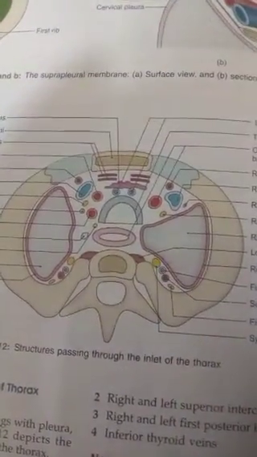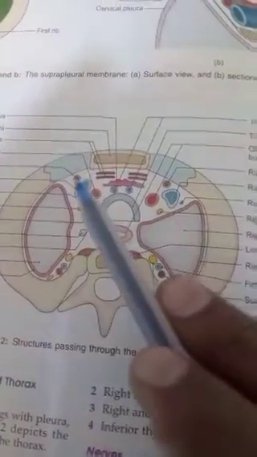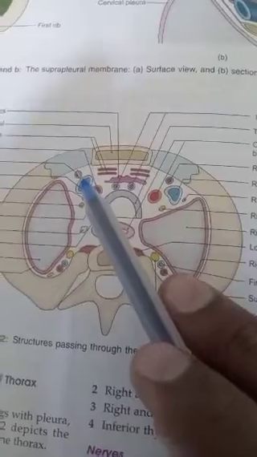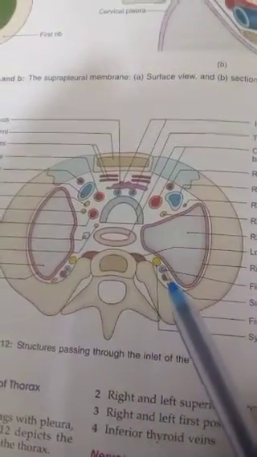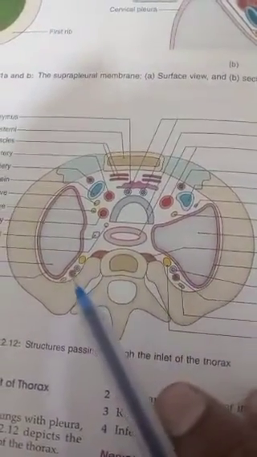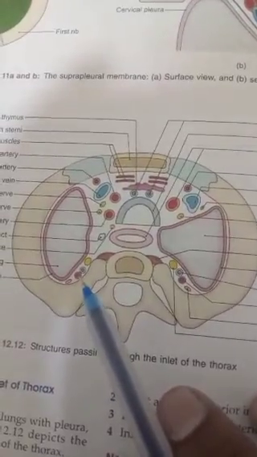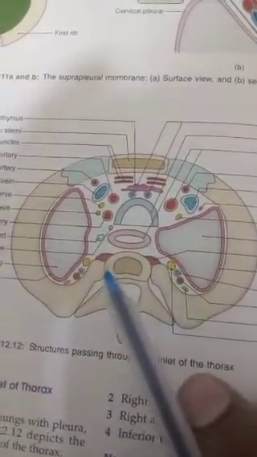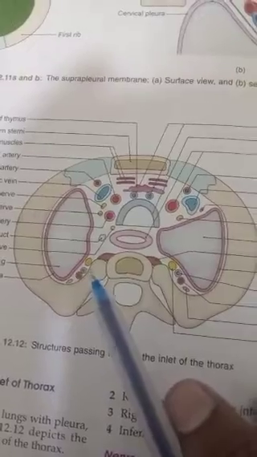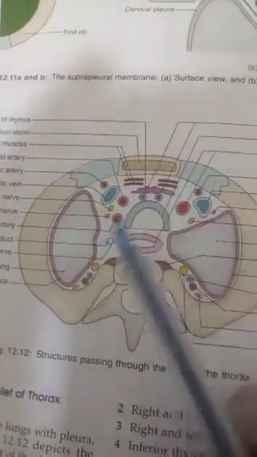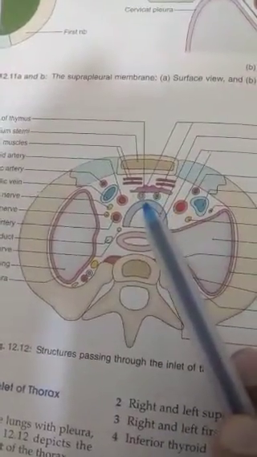The small vessels include the right and left internal thoracic arteries, right and left superior intercostal arteries, right and left first posterior intercostal veins, as well as inferior thyroid veins.